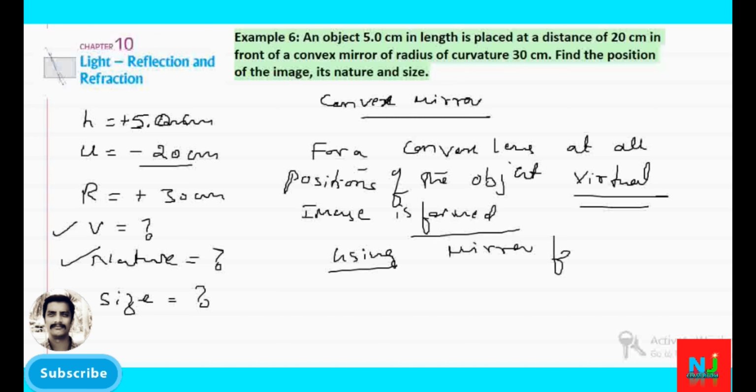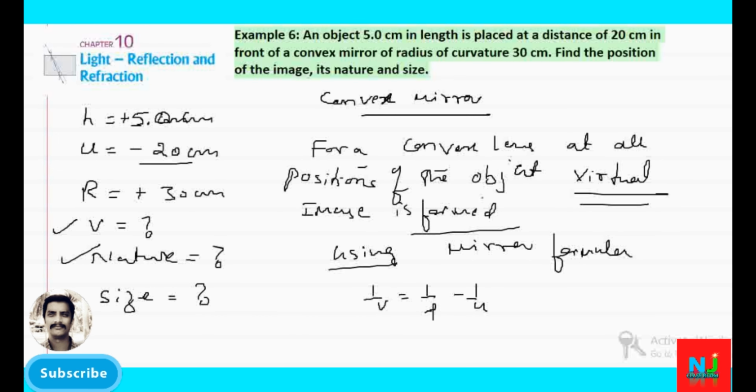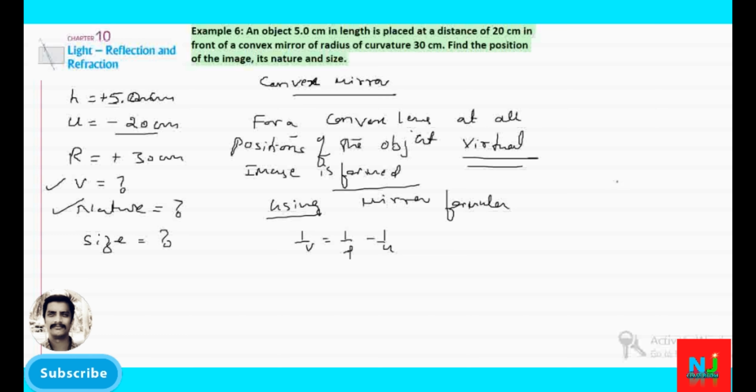We have already done a lot of problems. What is the mirror formula? 1 by v is equal to 1 by f minus 1 by u. It is the modified formula. We already know the mirror formula: 1 by f is equal to 1 by v plus 1 by u.